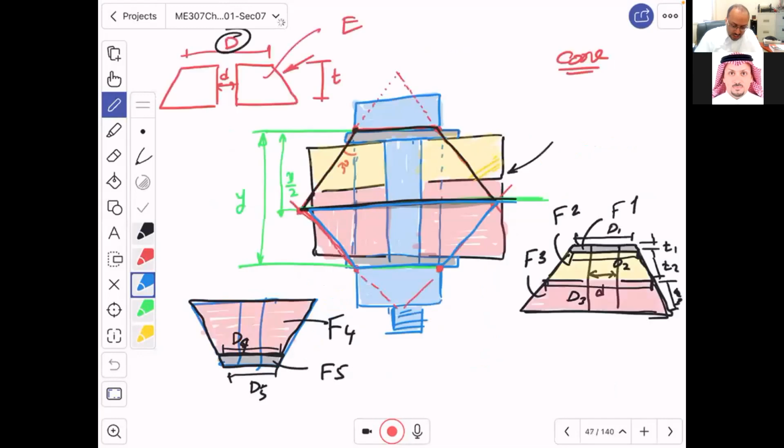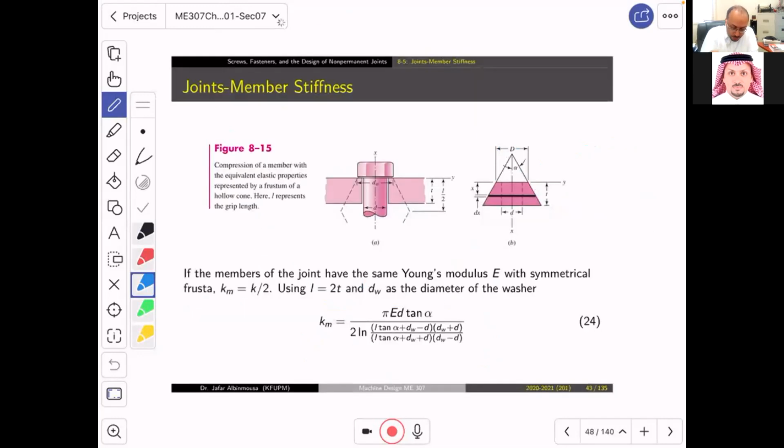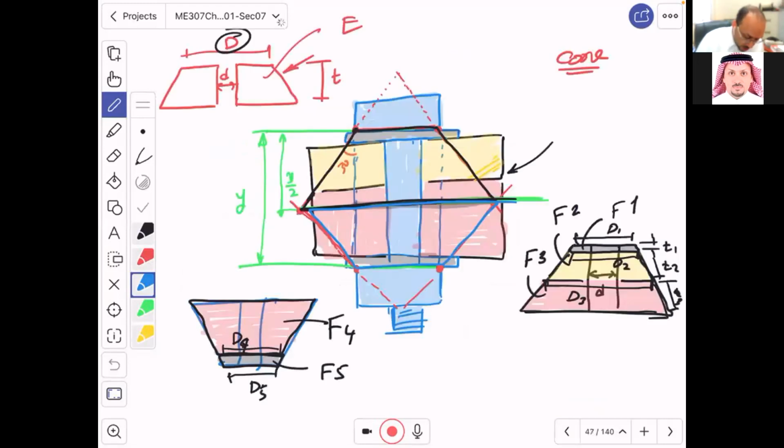Now, what happened is this. If you are lucky and the entire member is made up of everything, the washer, the yellow one, this one, all of everything, and the other washer are all made from the same material, all steel.